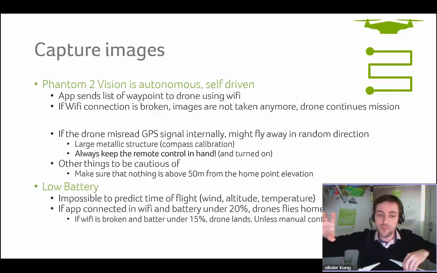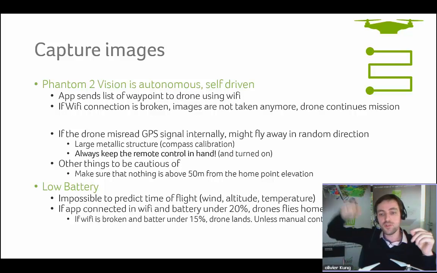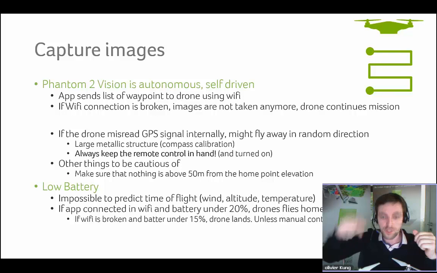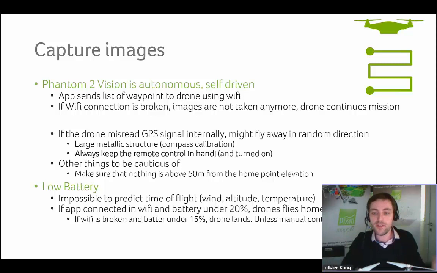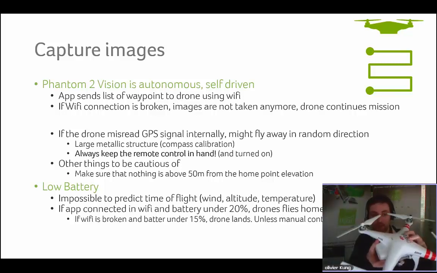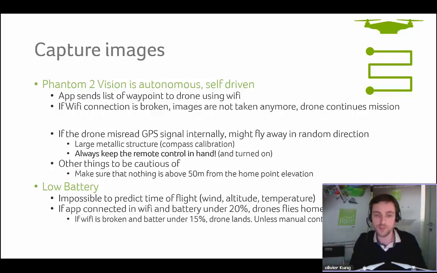It's going to try to go to the GPS waypoint that we told it to go to, but since it doesn't know where it is right now, it's going to look like it's flying in a random direction. This happens very rarely, but we have to warn everybody that this is a possibility, and this is due to the internal GPS of the drone.